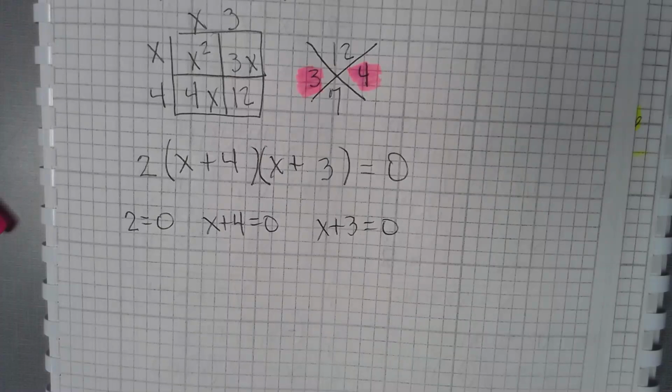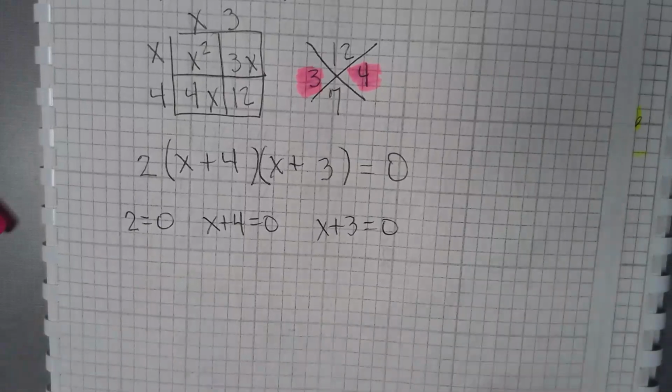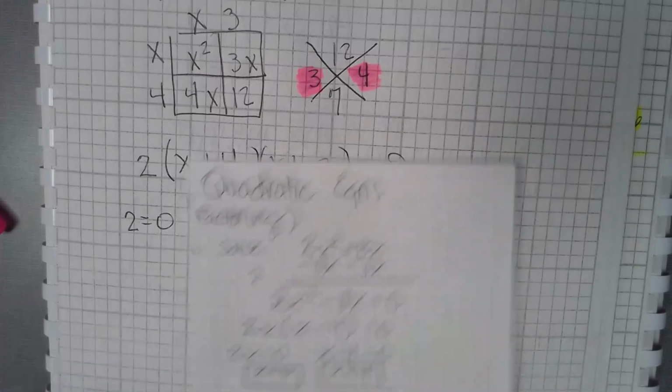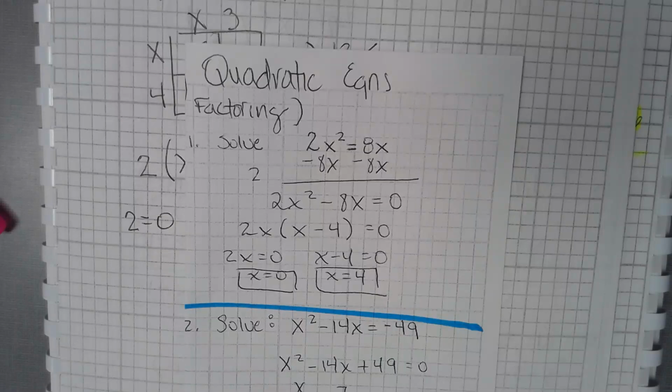Now, we got to solve. Okay, now I want y'all to take a good look at this. I'm going to take you back to the first problem we did today. I want you to look at this factor that I set equal to 0. There's no x. This is nothing but an untrue root.